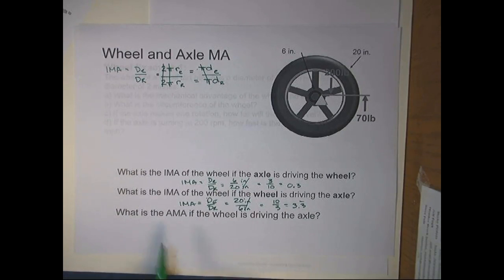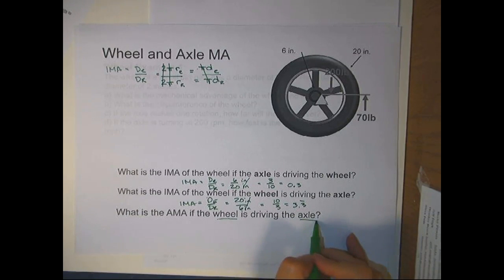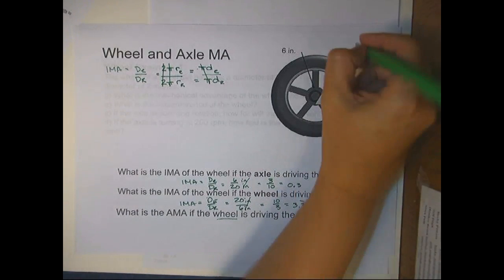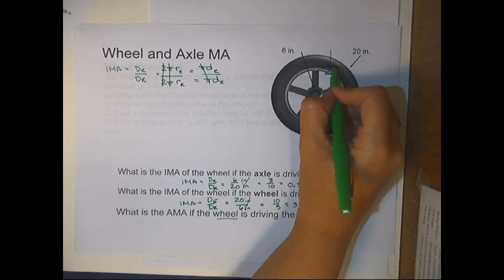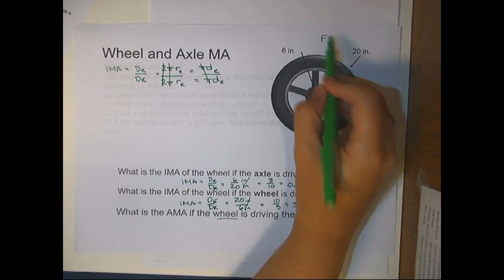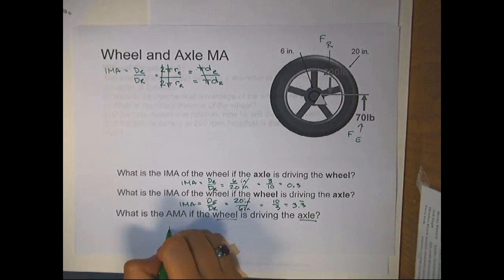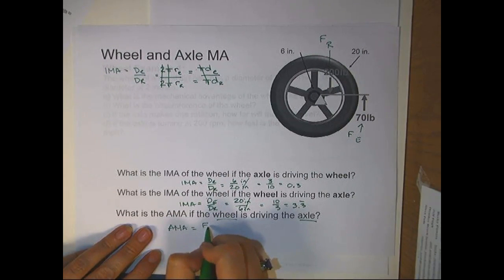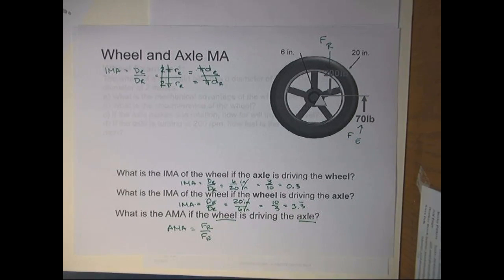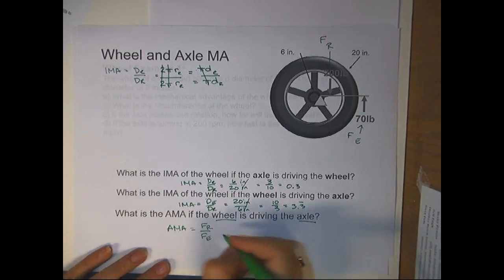Now what about the AMA if the wheel is driving the axle? So here the wheel, this is my effort, and this is my resistance. So the AMA is FR over FE, exactly the same thing we saw with the levers.